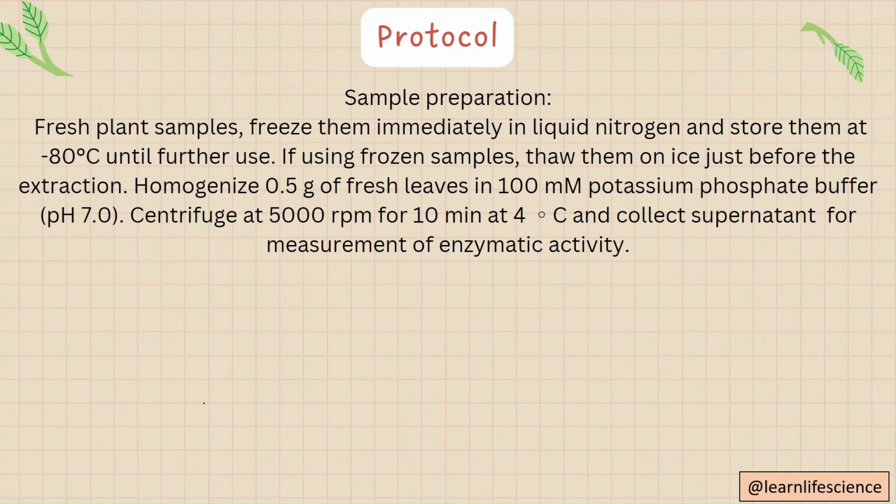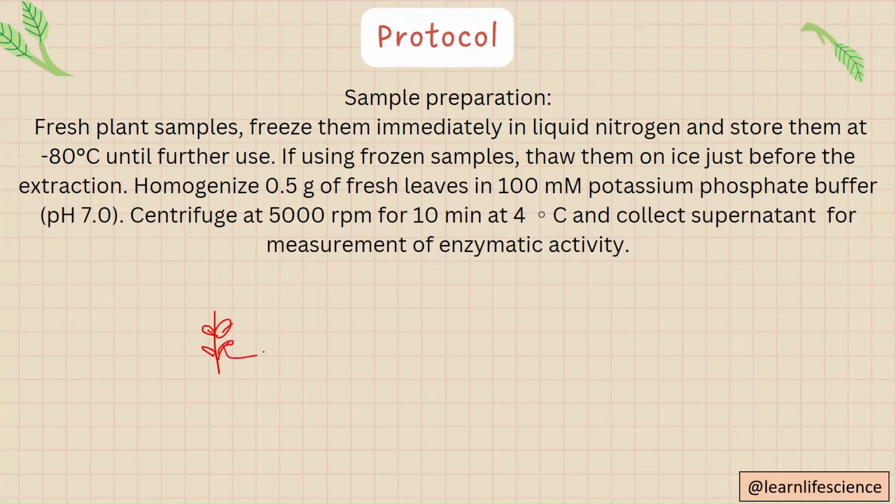Now we will discuss the protocol. Here I am expecting that if you are going to measure the superoxide dismutase activity in plants, then the first thing is you will have to collect the samples, right?